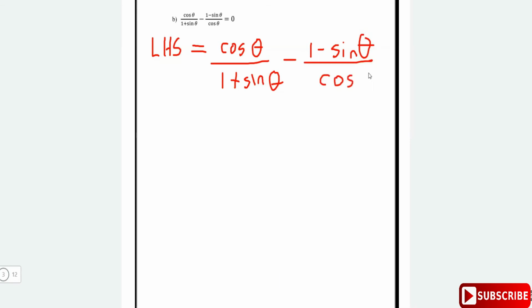So now we need to write this as one fraction. Of course, we're going to find our LCM. The LCM of the two is going to be 1 plus sine theta multiplied by cosine of theta.